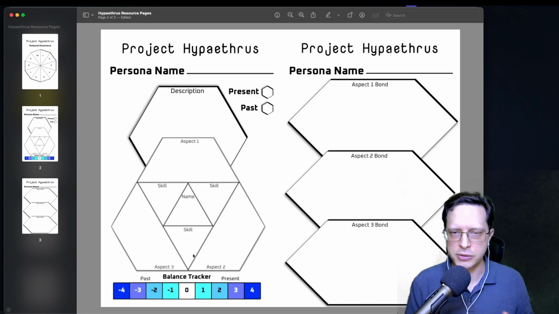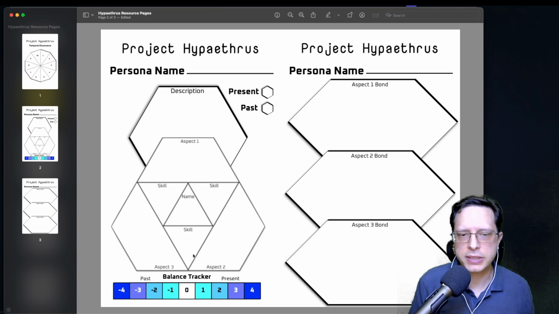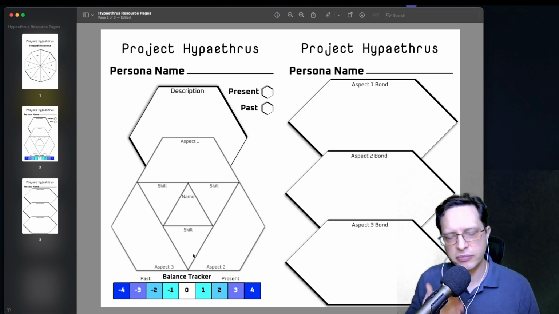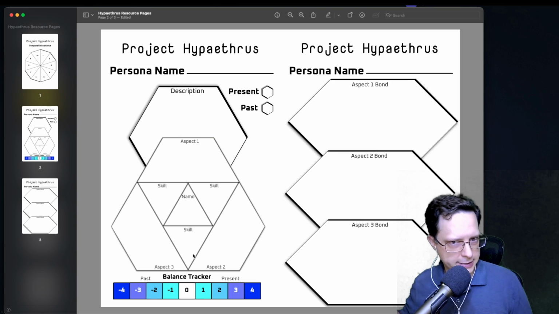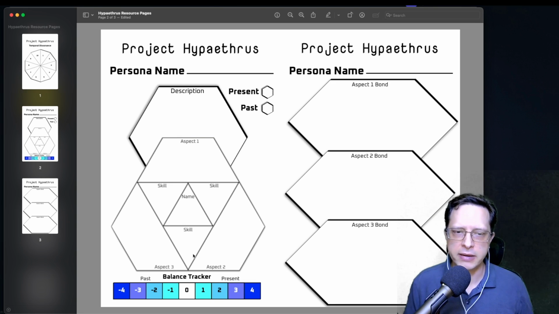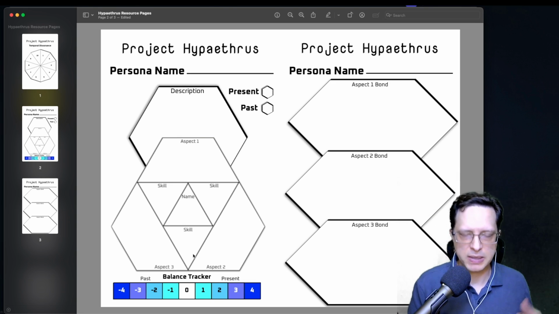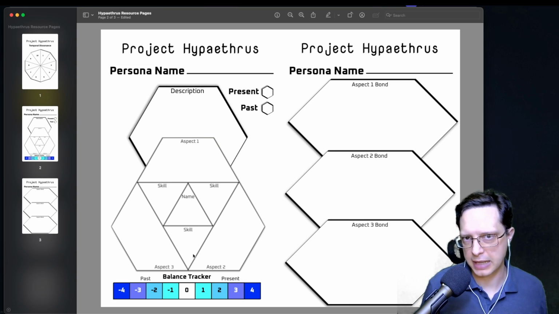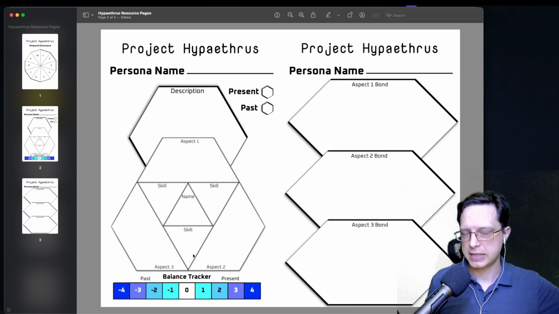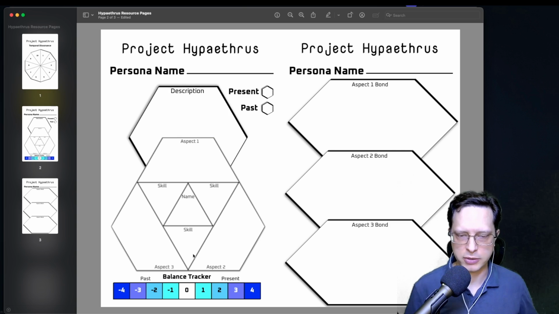As the character utilizes their present day skills, that balance tracker will shift further and further over toward the present side of it. And if they are utilizing the aspects and skills from their past personality, it moves further and further towards the past part of the tracker.